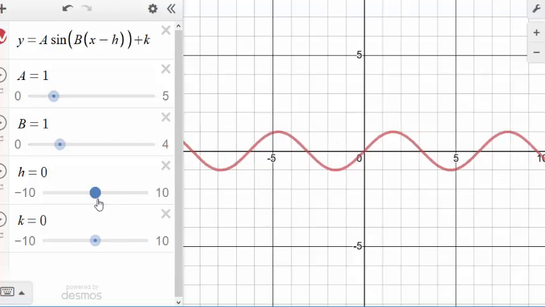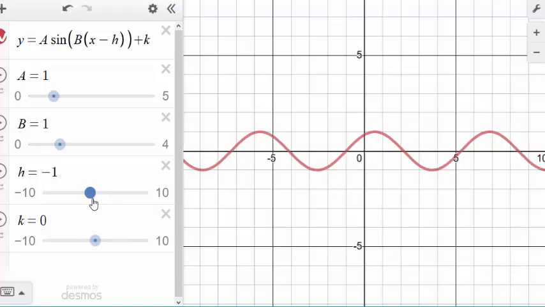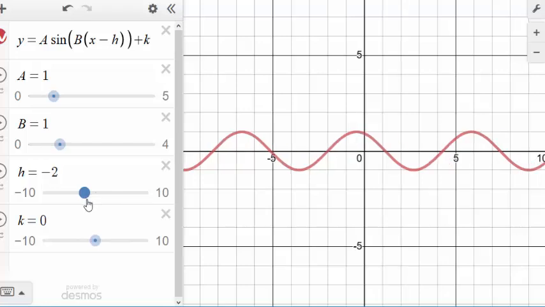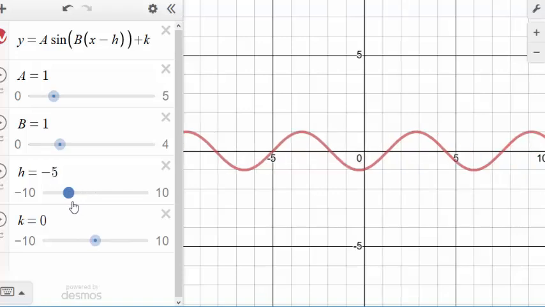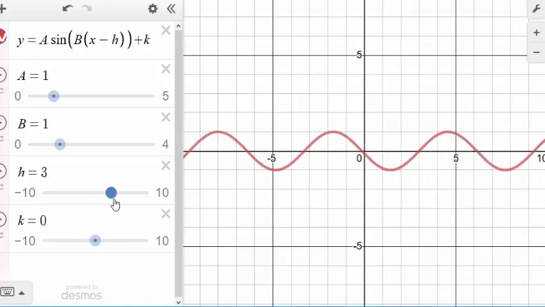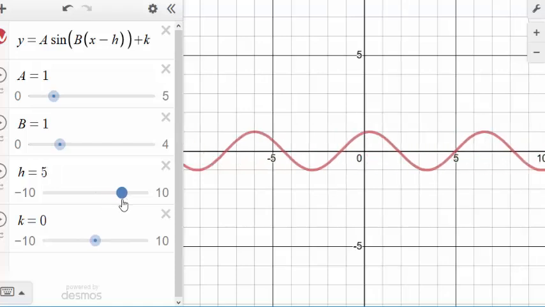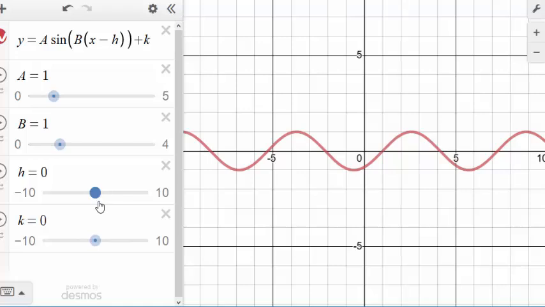But if I make h negative, that's like x minus a negative, so it's like x plus 1, which would move it to the left. X plus 2 would move it to the left again, x plus 3 again, and then x plus 5, you're back there. You can see the starting point of the graph is at negative 5, 0 when h is negative 5. And when h equals positive 5, the starting point of the graph is 5, 0. So that was your horizontal shifts.